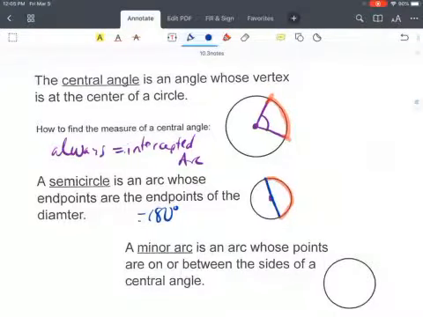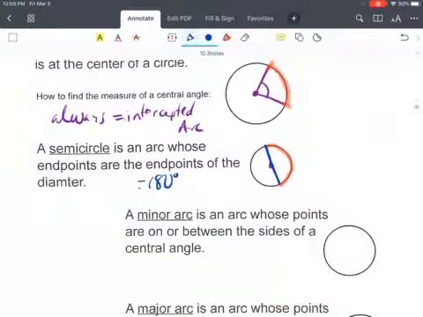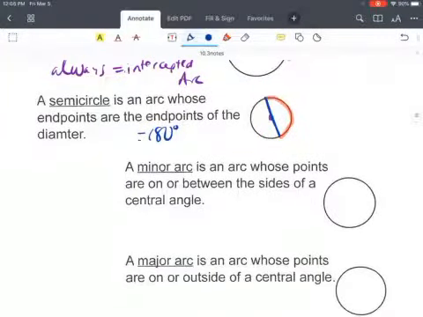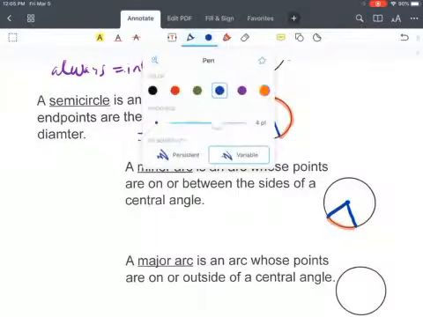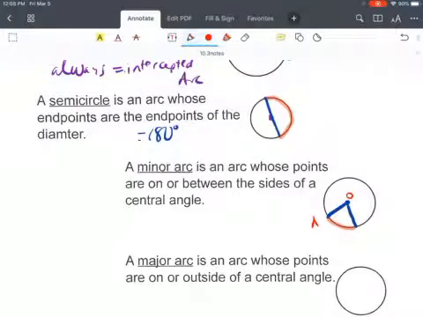A minor arc is an arc whose points are on or between the sides of the central angle. So when we have a central angle and we label our points here, angle AOB is the central angle, and it corresponds with arc AB.